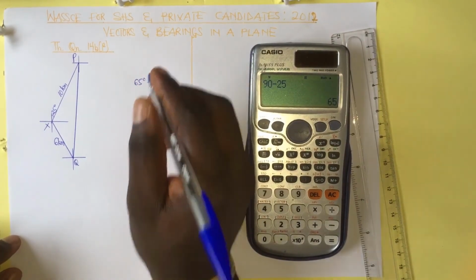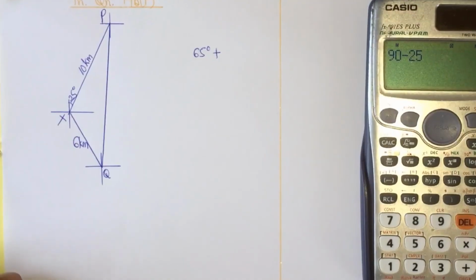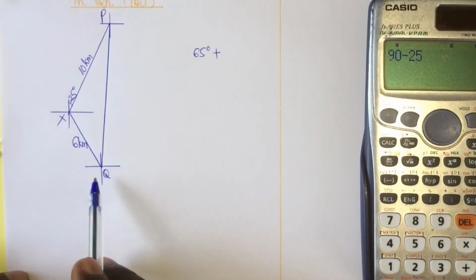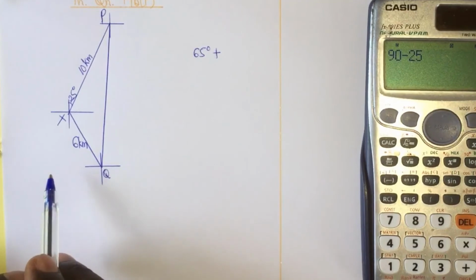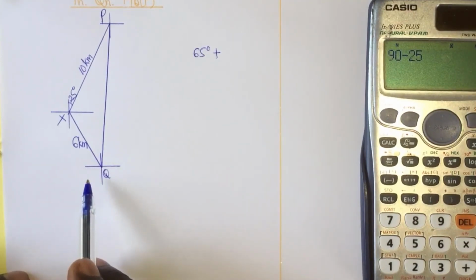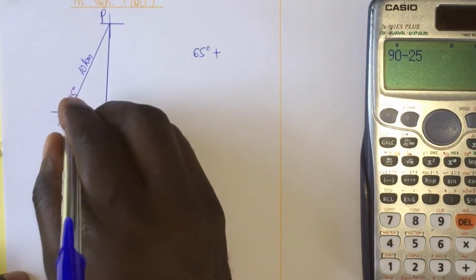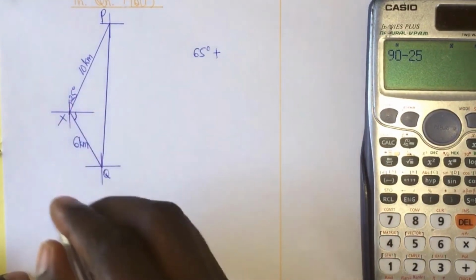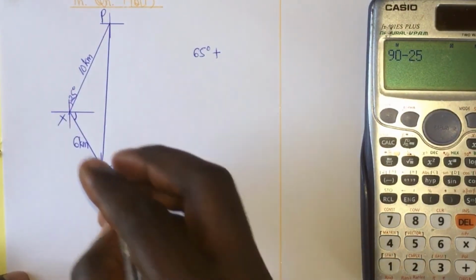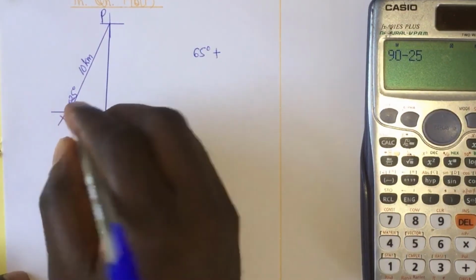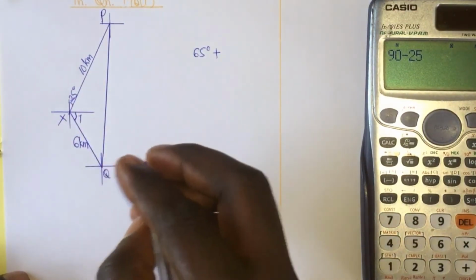65 degrees plus this, as the bearing was from X to Q, the bearing was 162 degrees. So here is 72 degrees.